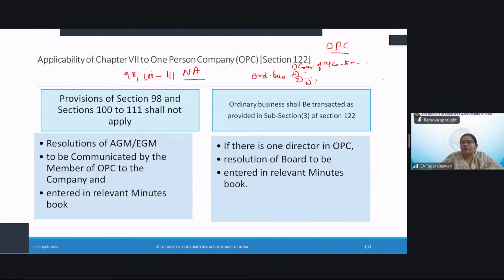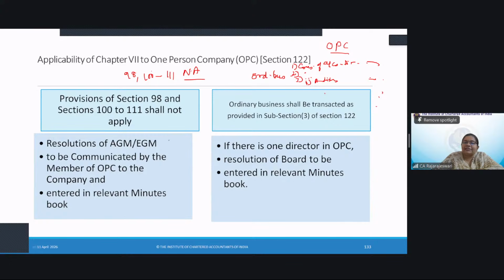Then appointment of auditors. So these four will be applicable generally for an OPC. Ordinary business can be transacted as provided in subsection 3 of 122, namely consideration of accounts and appointment of auditors.